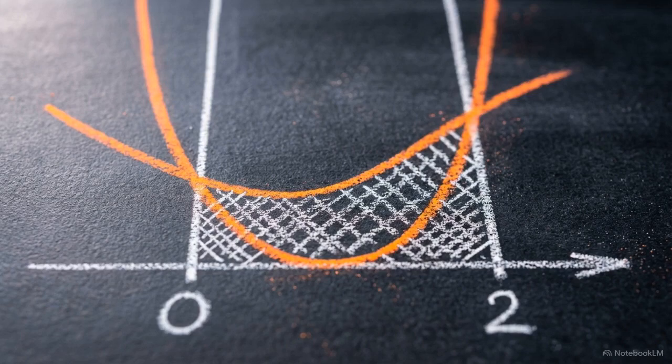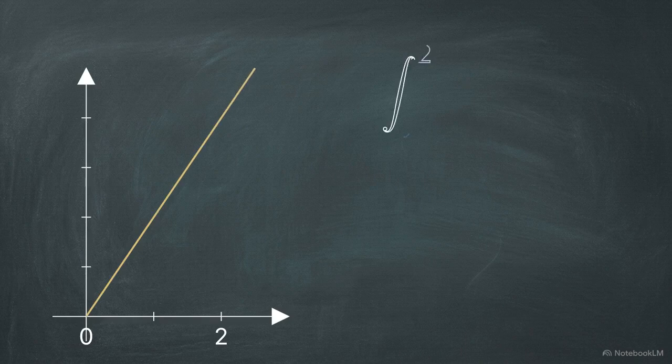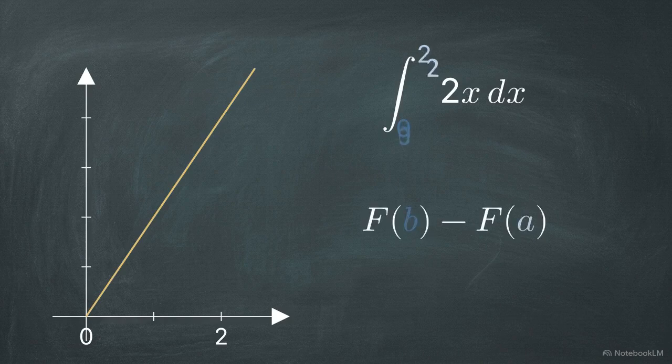However, when we need a concrete measurement, we apply specific numerical bounds. This collapses our abstract model into a definite integral. By adding a lower bound of 0 and an upper bound of 2, we instruct the equation to calculate the exact accumulation strictly between those two coordinates. Evaluating this requires applying the upper bound and the lower bound to our antiderivative, then subtracting the lower result from the upper result. The calculation yields a final numerical value of 2.